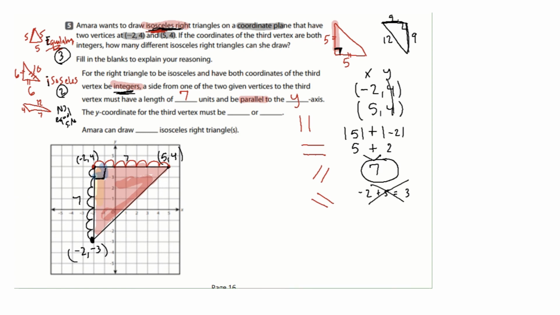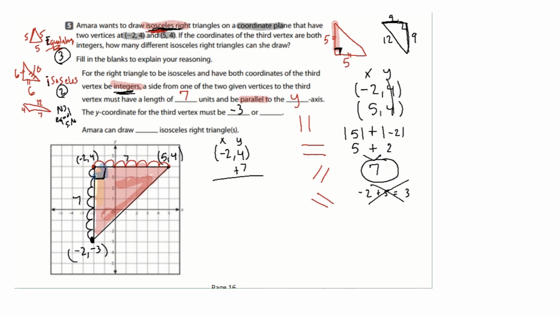Now my y-coordinate must be -3. So I can go 3 units down, or I can go 3 units up. Now since I don't have any more coordinate plane, I'm going to take my ordered pair, which is -2, 4. And since I want to go 7 units up from my y-coordinate, I'm just going to add 7 units to my y-coordinate.